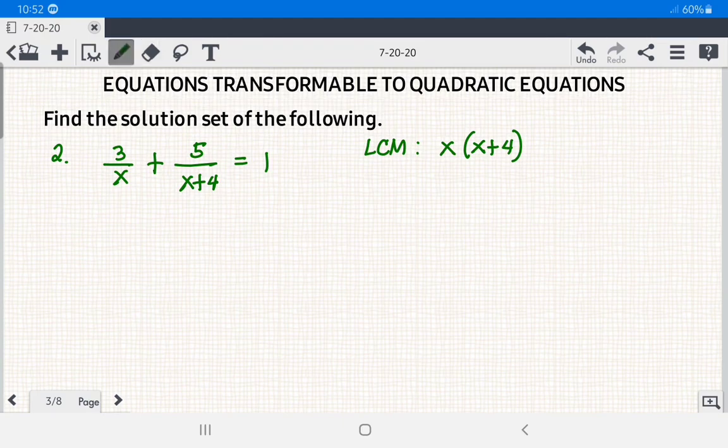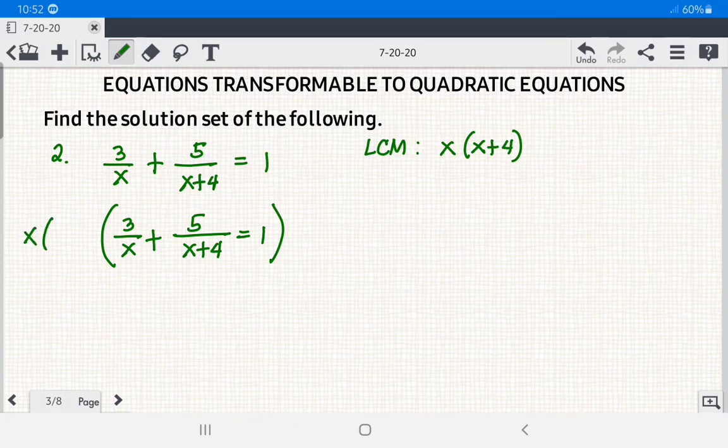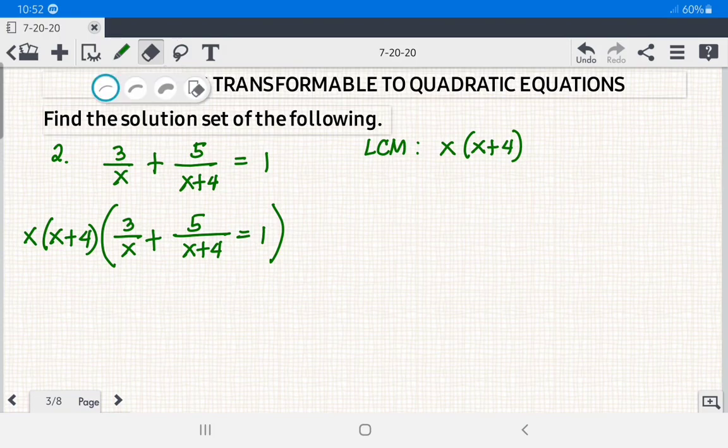Then next, let us copy 3 over x plus 5 over x plus 4, then equals 1. Multiply this by the LCM, x times x plus 4. Then, we have x times x plus 4 times 3 rather, then divided by x.